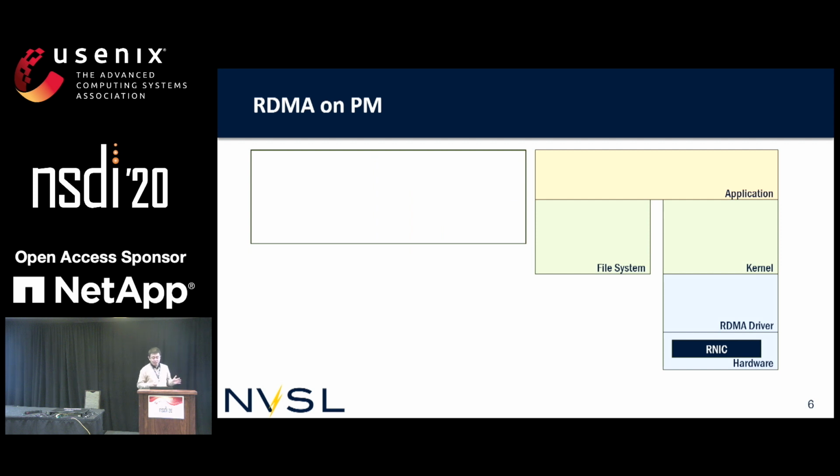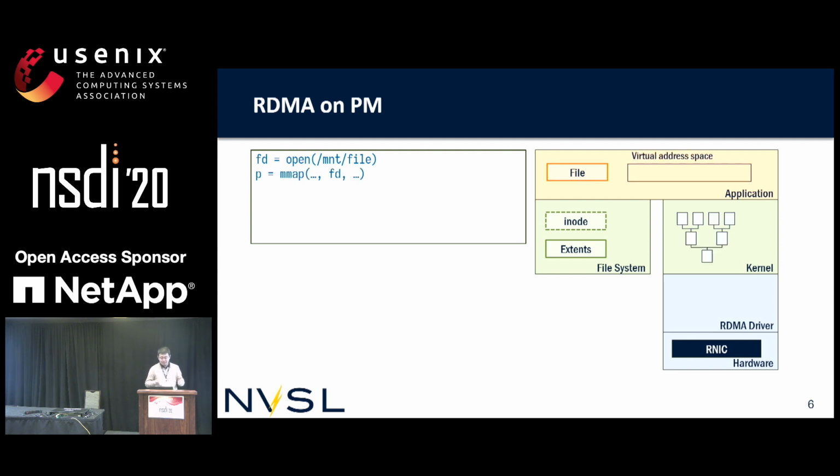Let's walk through an example and see what will happen if we glue the two pieces together. Now when we open the file, the file system will create some data structures that store the file metadata, including the file extents. Next, we will map the file into its address space. Although we are mapping the whole file, we are not actually creating any entries here because this is all on demand.